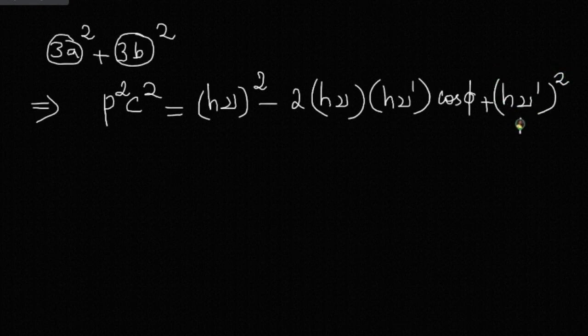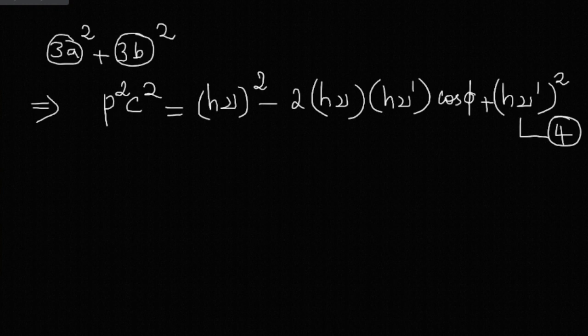Call that equation number 4. Just square and add and use the identity sin square theta plus cos square theta equal to 1, and on the right side sin square phi plus cos square phi is equal to 1, and you will arrive at this relation.